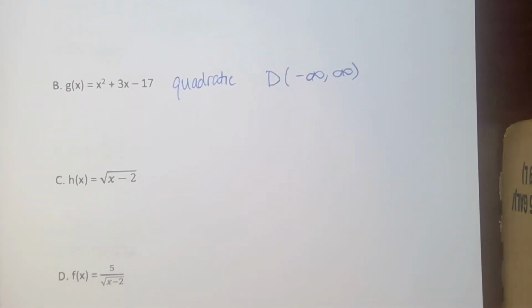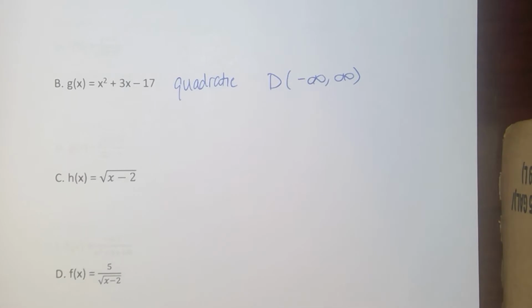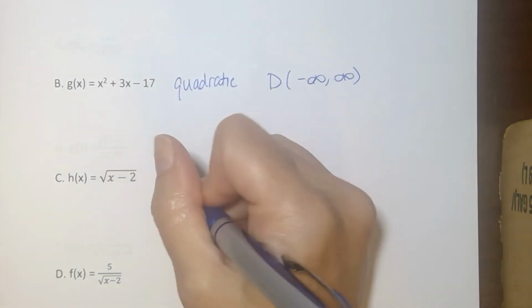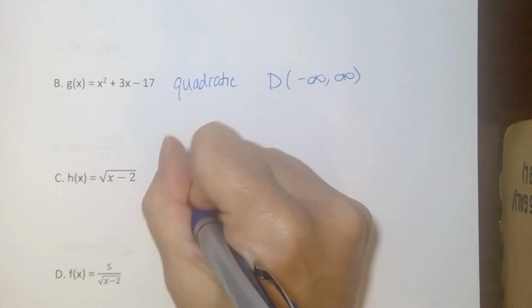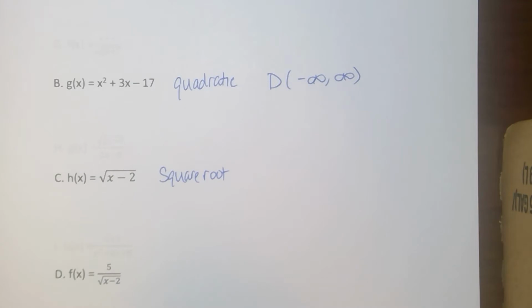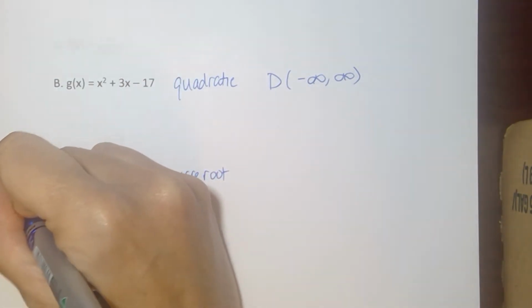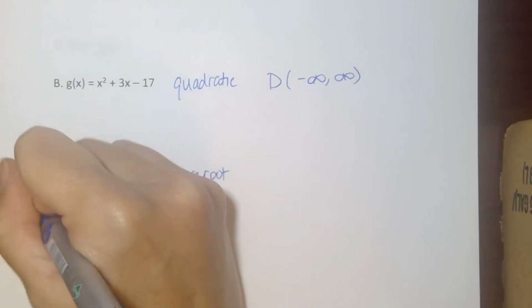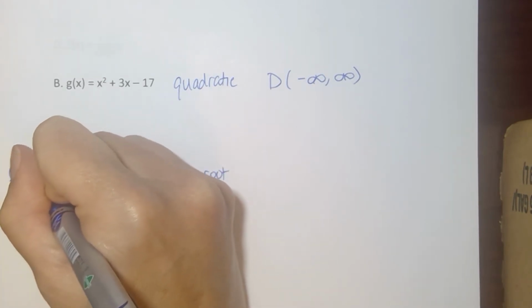C, however, we need to be a little more careful with. What type of function is C? Well, this is in my square root family of functions. And if you think about what the graph of the parent square root looks like, let's just go over here and let's see if we had y equals square root x, that has limits.